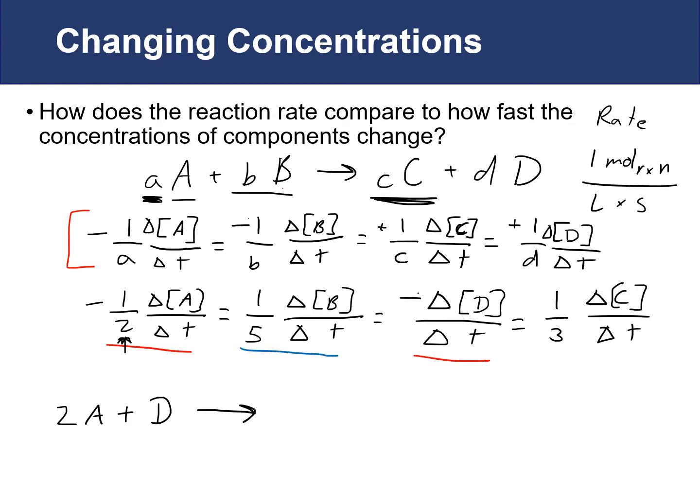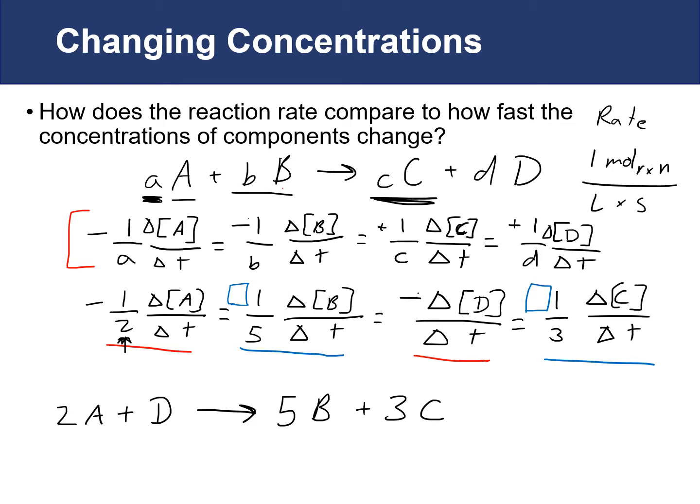Both our B and our C have positive values here. They don't have the negative, so they would be a positive, right? And so those are going to be our products. So 1/5 B means that it is 5B, plus 1/3 C means 3C, right?